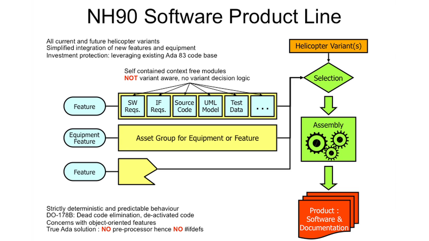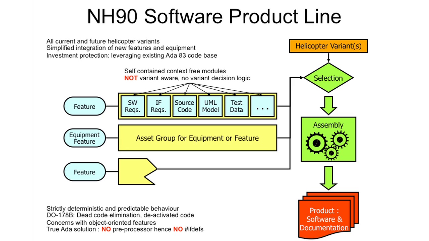So what we try to do is to modularize not only the source code accordingly, but also software requirements, interface requirements, or parts of the model. And what we try to achieve is to simply take these modules and assemble that during the integration process.